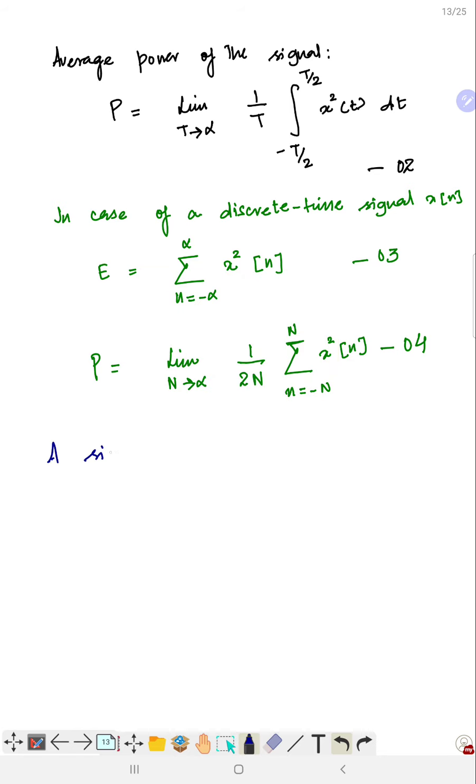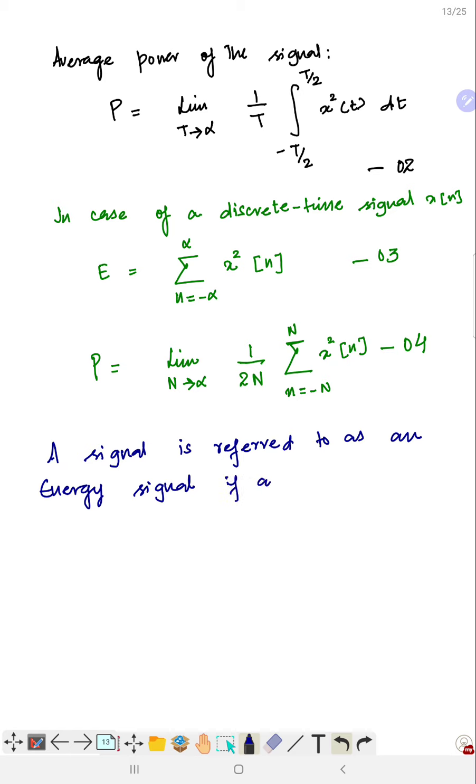So let me write it down here. A signal is referred to as an energy signal if it has a finite energy.